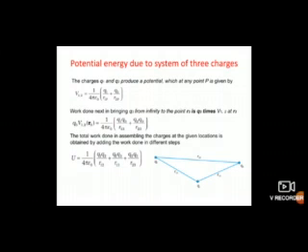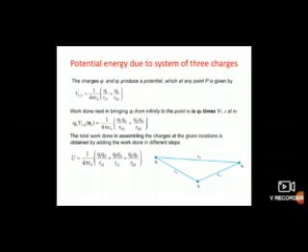Now if we want to bring another charge Q3 from infinity to a point so that it is at a distance R13 from Q1 and R23 from Q2, then the work done in bringing Q3 is nothing but the total potential due to Q1 and Q2 times the magnitude of the charge Q3.